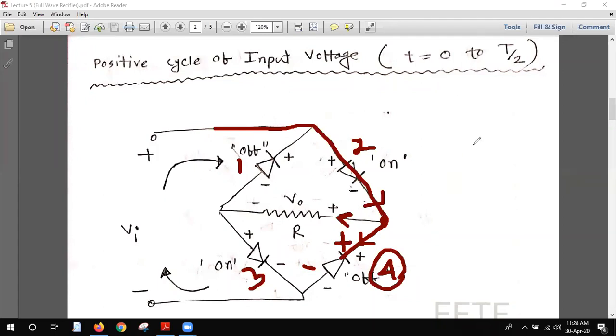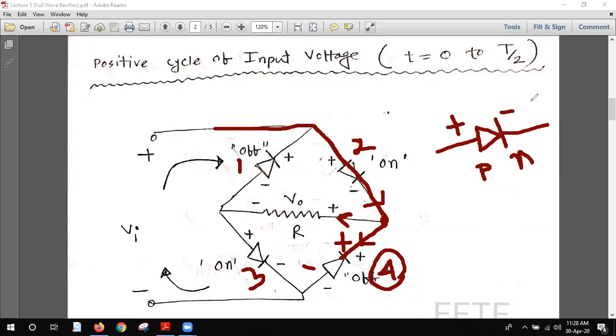Suppose this is the diode. This triangular structure is P, this vertical line is N. So when P is plus and N is minus, this is forward bias.